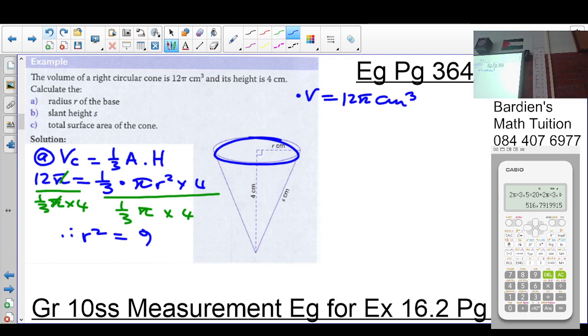Therefore, r is the square root of that, which is 3. Remember, if I introduce square root, what must I not forget? Plus minus. But can r be negative? No. We're talking about length. So just 3.